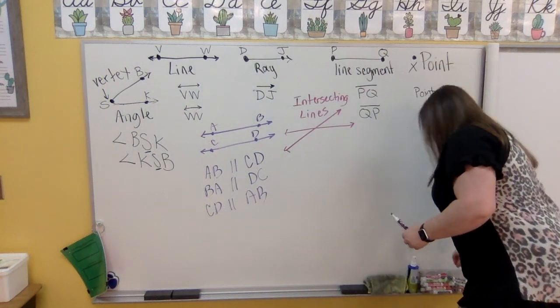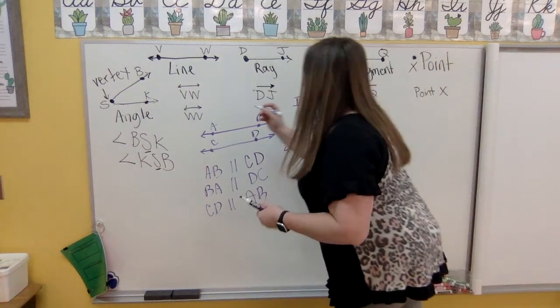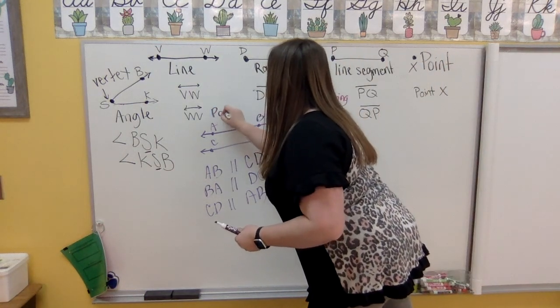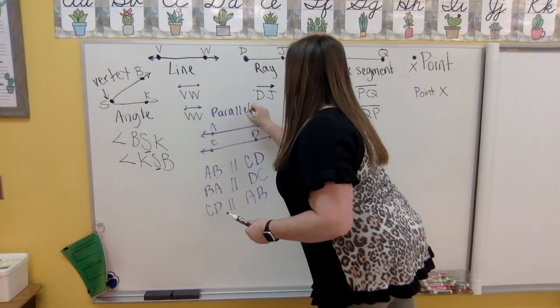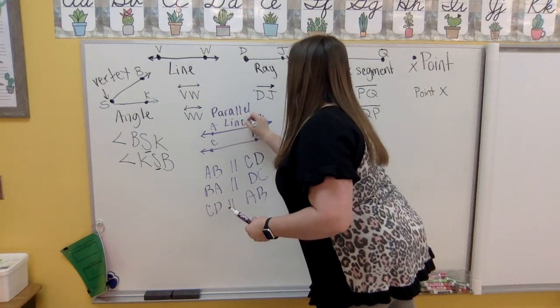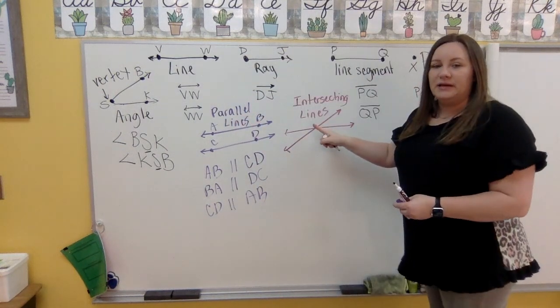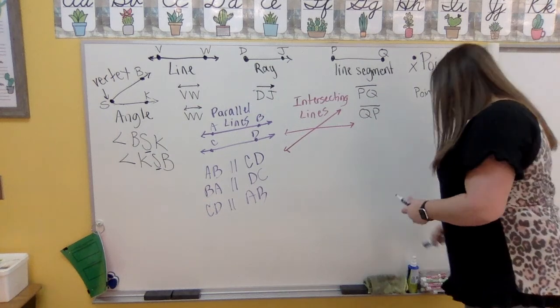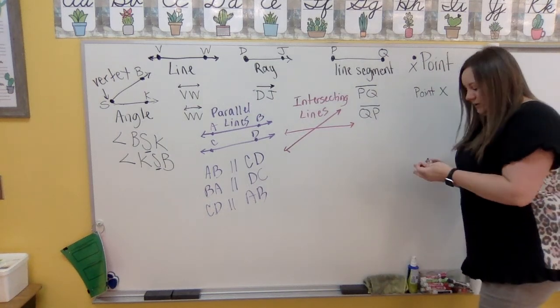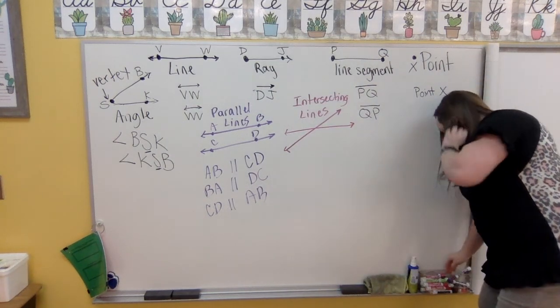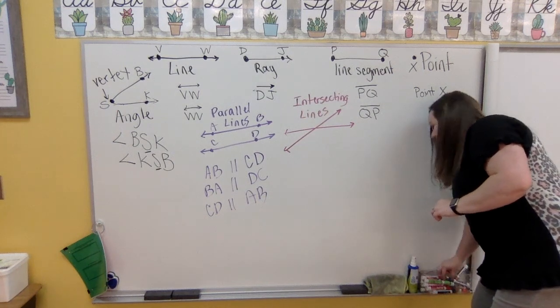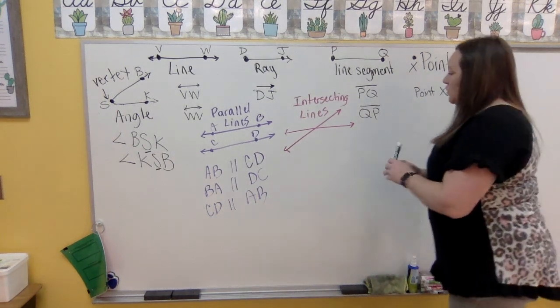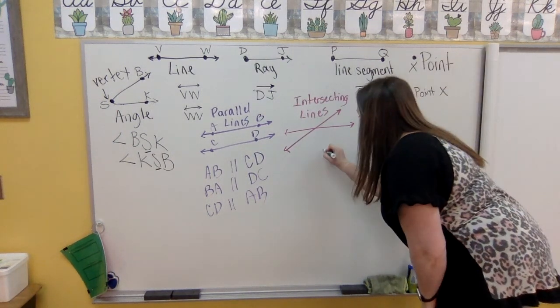The difference between, and I should have written parallel lines over here, so I'm going to do that. The difference between intersecting lines and perpendicular lines is that perpendicular lines always make a perfect square in the corner.